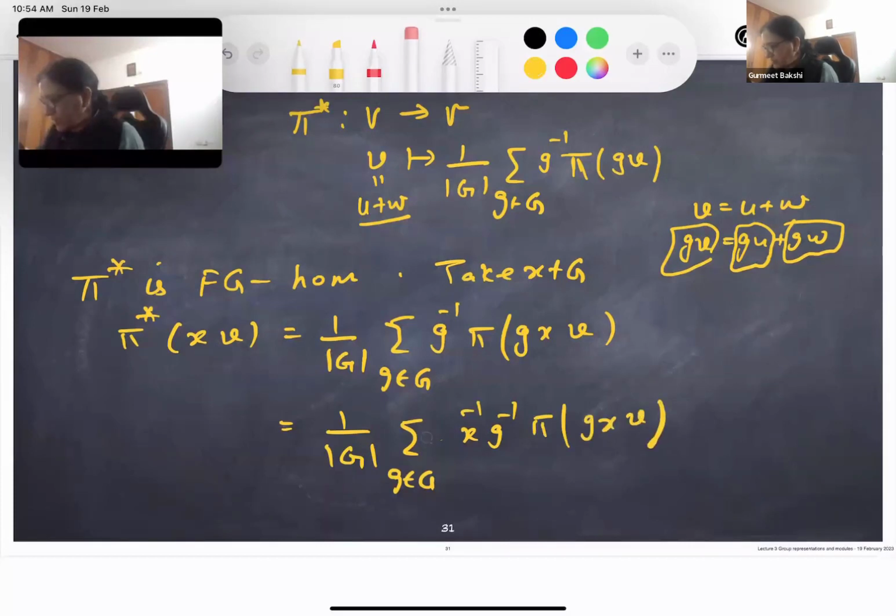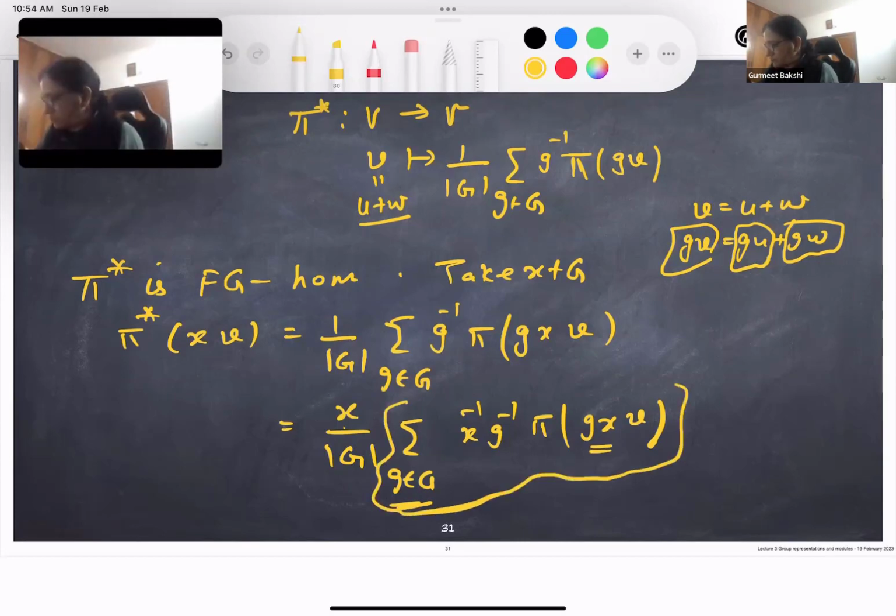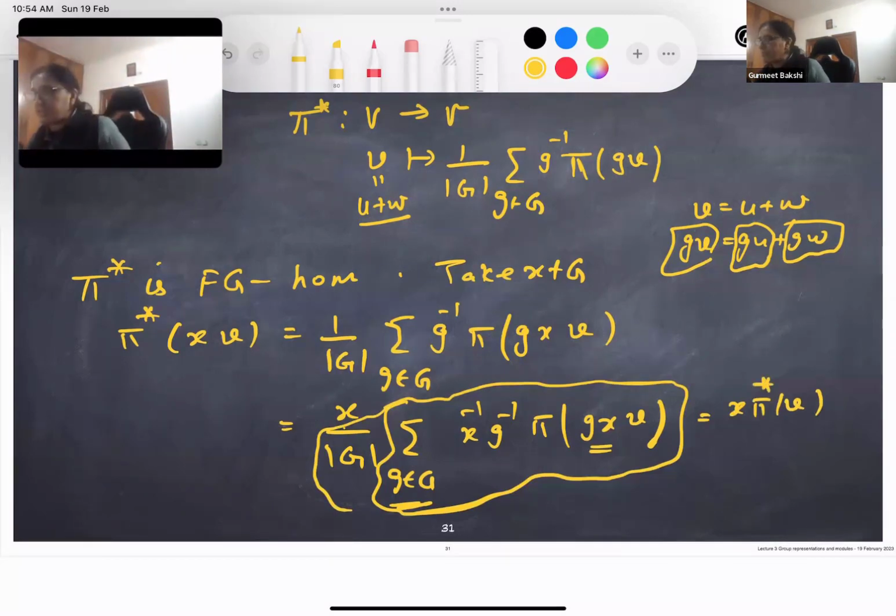Now X inverse is independent of G, so I can bring this out. And now if G runs over all the elements of G, then so does GX. So this is basically nothing but X inverse pi star of V. So pi star is a G linear map.